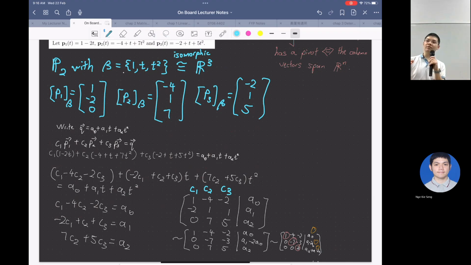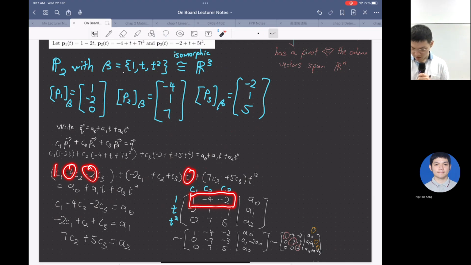In this case, the rows here encode the basis: 1, t, and t squared. So you can see for 1, the coefficients are 1, -4, -2. For t, it is -2, 1, and 1. For t squared, it is 0, C1, plus 7, C2, plus 5, C3.